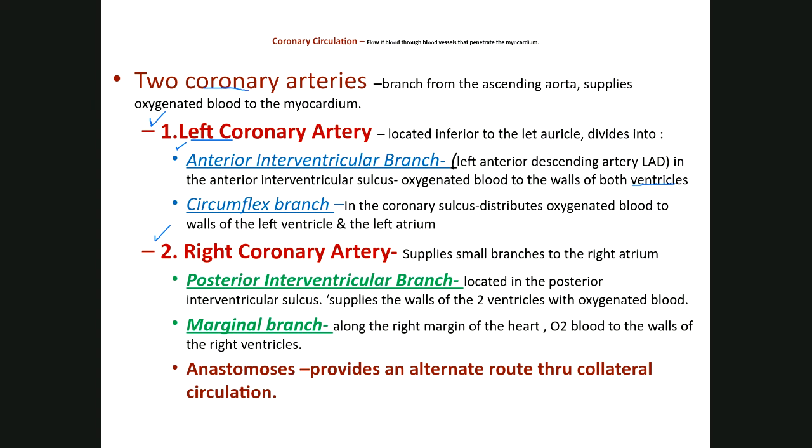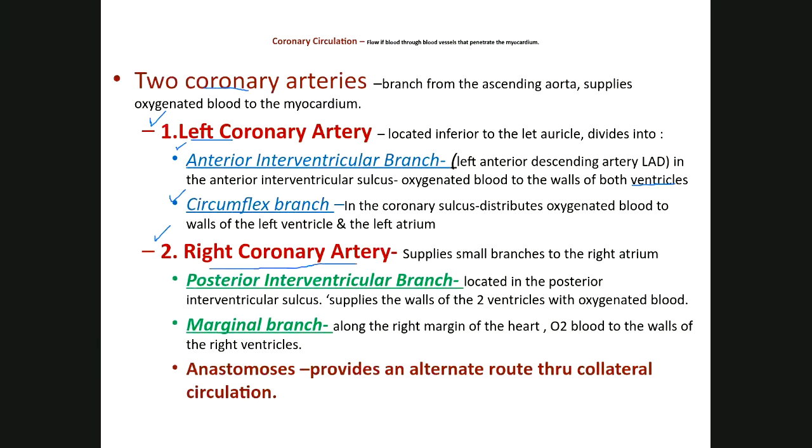Off of the left coronary artery, we have the circumflex artery, and this is going to the left and bringing oxygenated blood to the walls of the left atrium. Off of the right coronary artery, it's going to the right side of the heart.